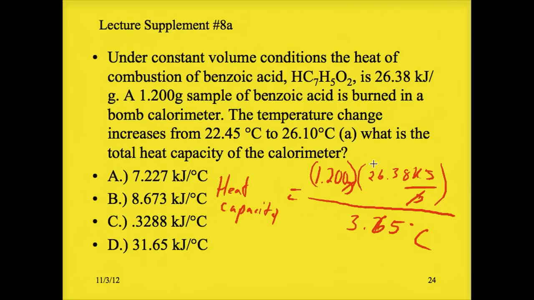I'm a little apologetic because I don't have my calculator on me. 1.2 times 26, I'm assuming it's going to be one of these top two answers just by doing some mental math. 1.2 times 26 in my head, I see that as close to 30, and then I'm going to be dividing this 30 by 3.65. If it was 3, almost 30 divided by 3 would be 10, but I'm dividing by a bigger number, so it's going to be one of these top two answers. It's not so bad.